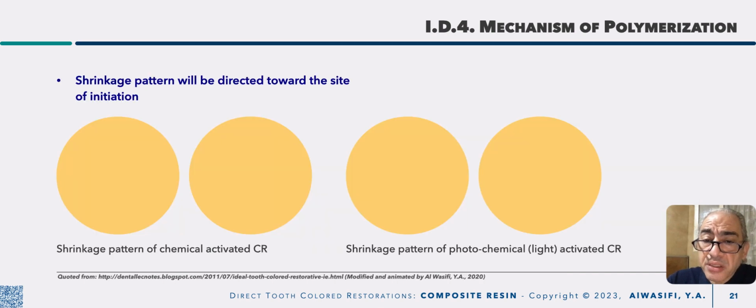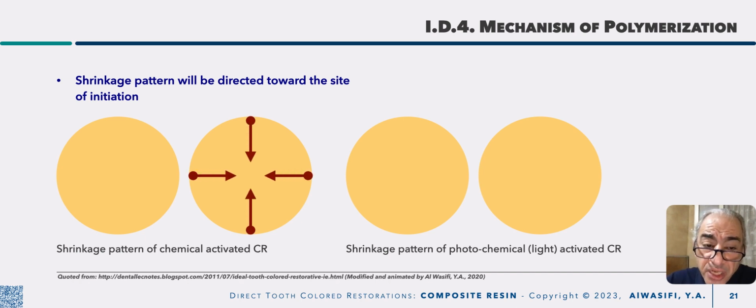When you compare them in their shrinkage pattern, as we mentioned before, composites in general shrink towards the center of initiation, or towards the area of maximum initiation. The area of maximum initiation in chemically cured composite is the center.